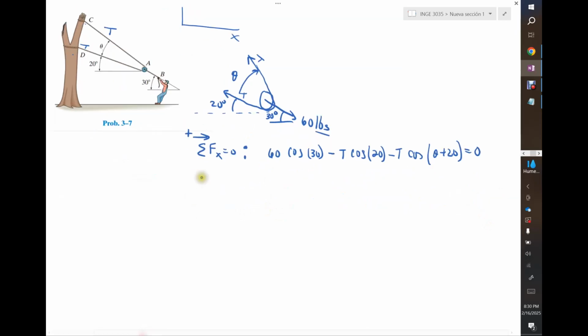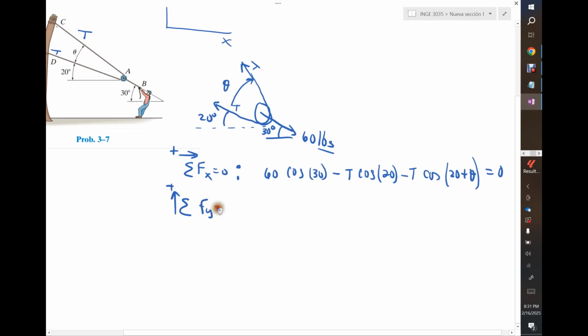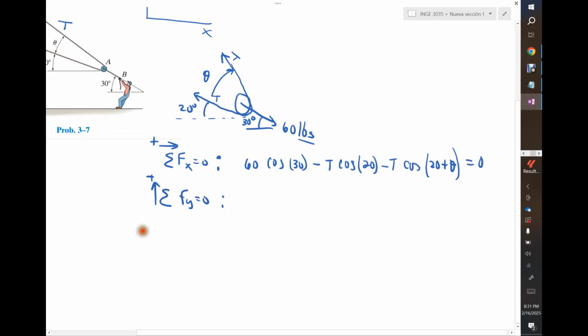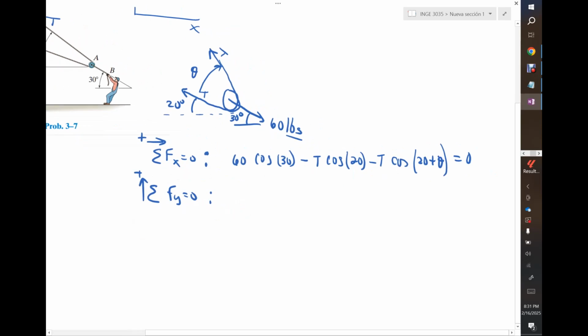Now the balance on y equals 0, and what we're saying is going up is positive, equals 0. So with that said, this is going down, but these two are going up. So let's work on these two first.